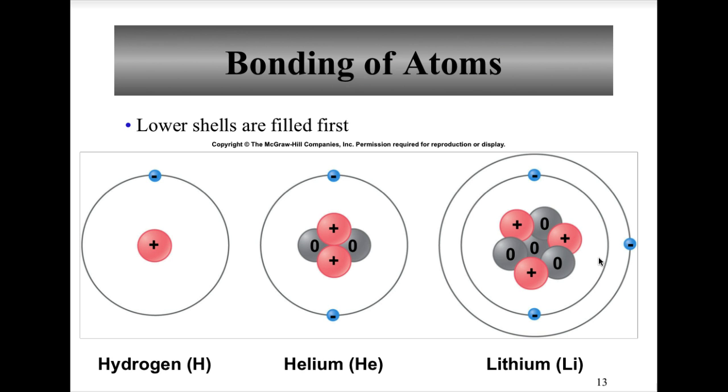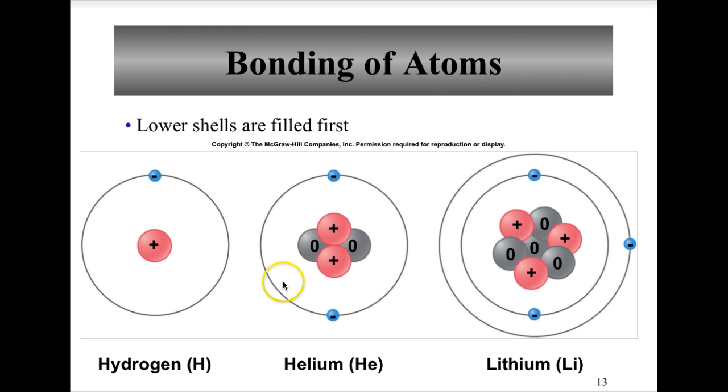If we look here, we have hydrogen, helium, and lithium, the first 3 elements of the periodic table based upon their atomic number. Hydrogen has 1 proton and 1 electron, with an atomic number of 1. Helium, atomic number 2, has 2 protons and 2 electrons. And lithium, atomic number 3, has 3 protons and 3 electrons.